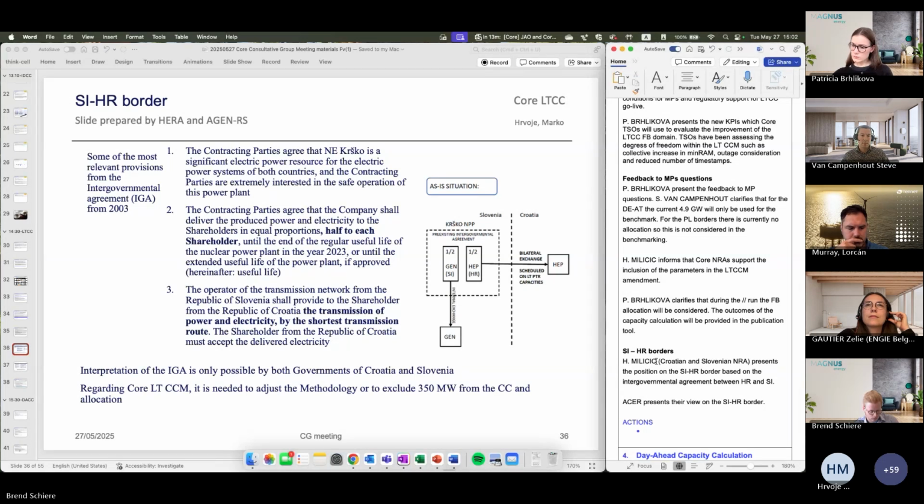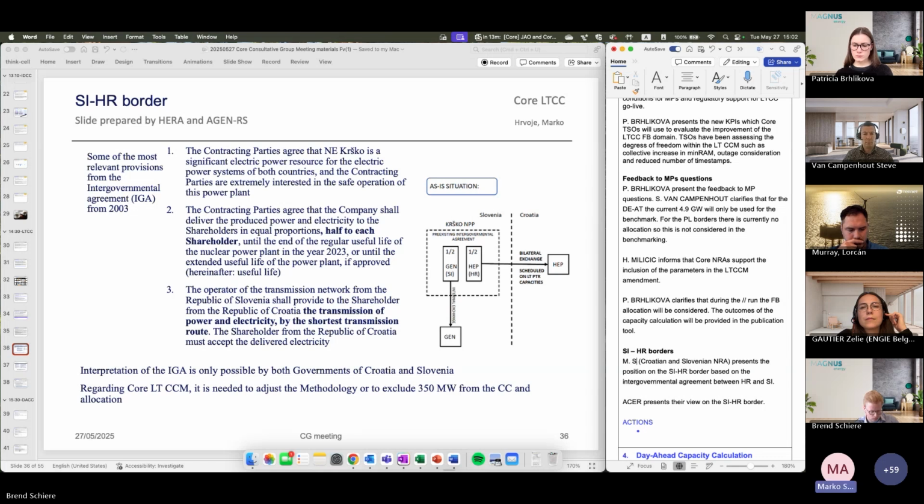Thank you. We have discussed with Hervé and agreed that I present these two transparencies in brief. The first one introduces the most important provisions of the intergovernmental agreement between the governments of Slovenia and Croatia from 2003.